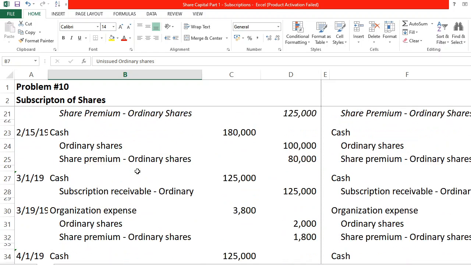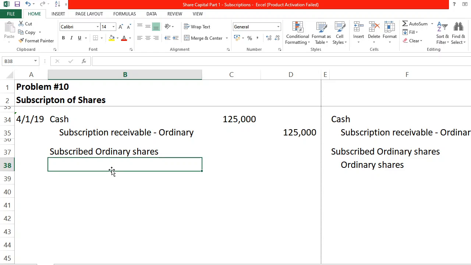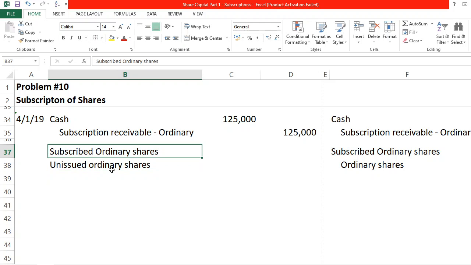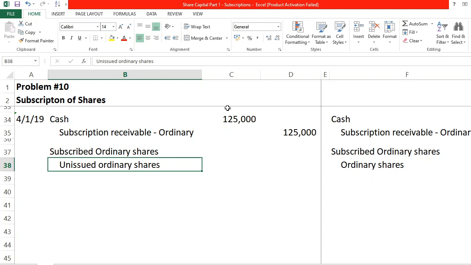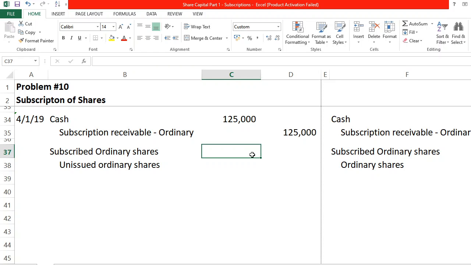So, this time, makuhaan na ang atoang unissued ordinary shares. Ang mahitabo, we have to credit unissued ordinary shares. Again, walang mini-maintain na ordinary shares account si journal entry method. So, that is, again, 25,000 times your 10 peso par, and that is 250,000.